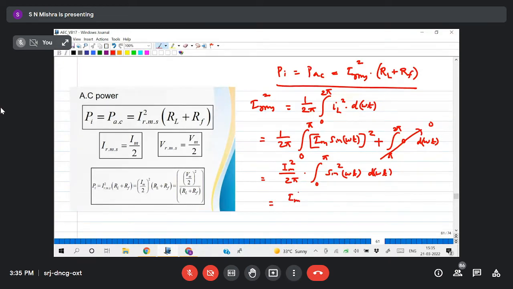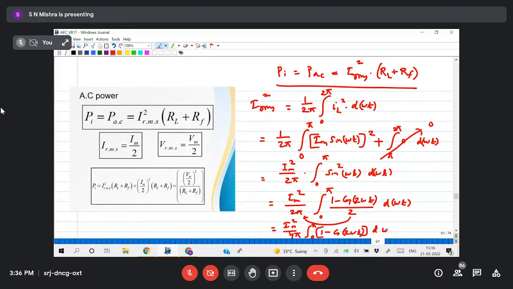How to integrate sin square theta? We'll take sin square theta as 1 minus cos 2 theta by 2, that is 1 minus cos 2 omega T by 2, d omega T. Take this 2 out, so it will be Im square by 4 pi, 0 to pi 1 minus cos 2 omega T d omega T. Find its integration and tell me the answer.